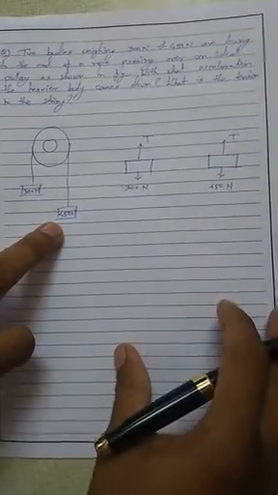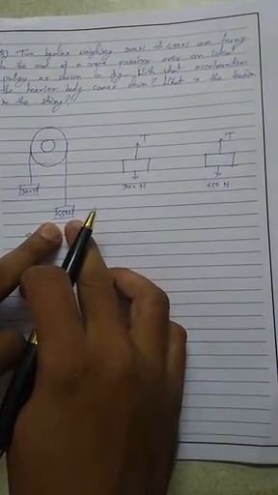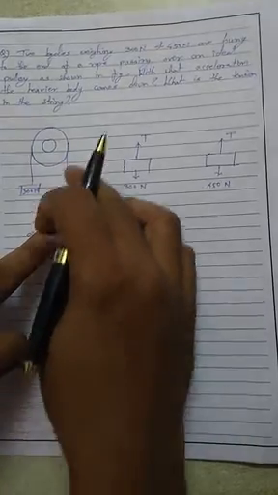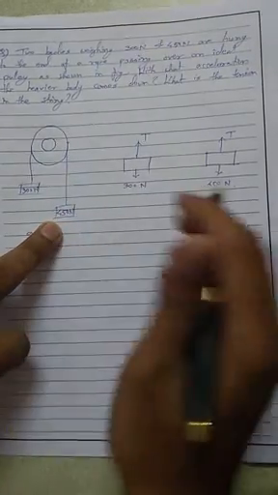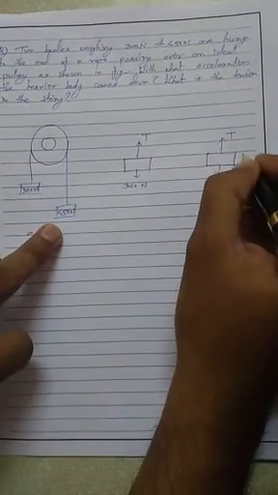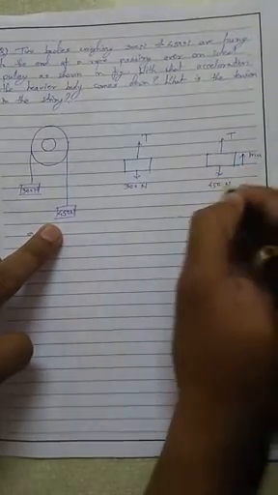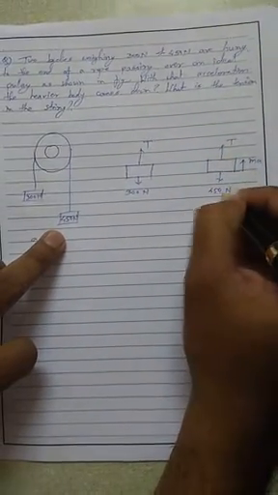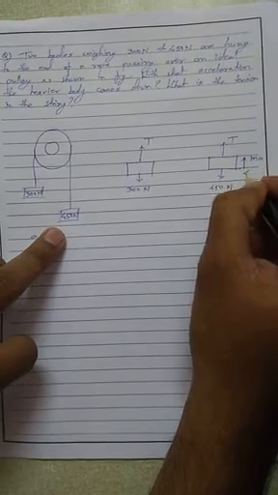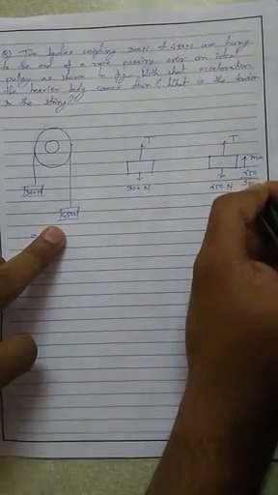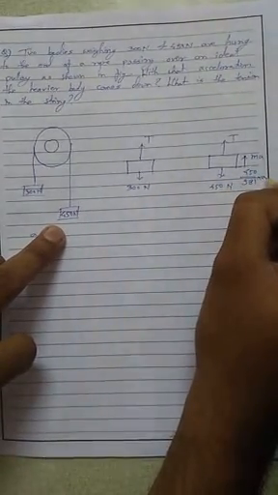First of all, we assume that the 450 Newton block is moving in downward direction, so the inertia force is in the opposite direction, that is M into A. Here M is the mass, W upon 9.81, multiplied by A.